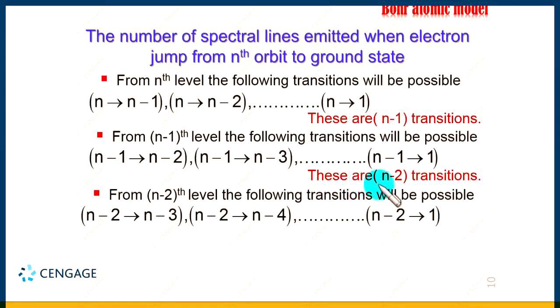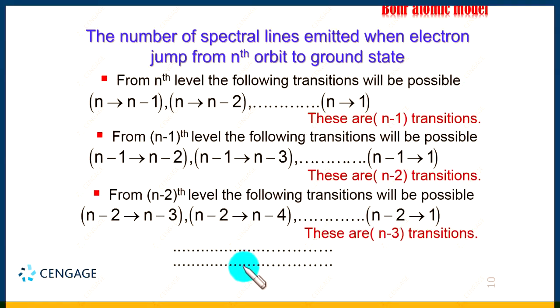And if we count here, there will be n minus 3 transitions. And similarly, if we keep on doing like this, finally we will reach to n equal to 2 level. From n equal to 2 to n equal to 1, there is only one possibility. That means only one transition is possible.